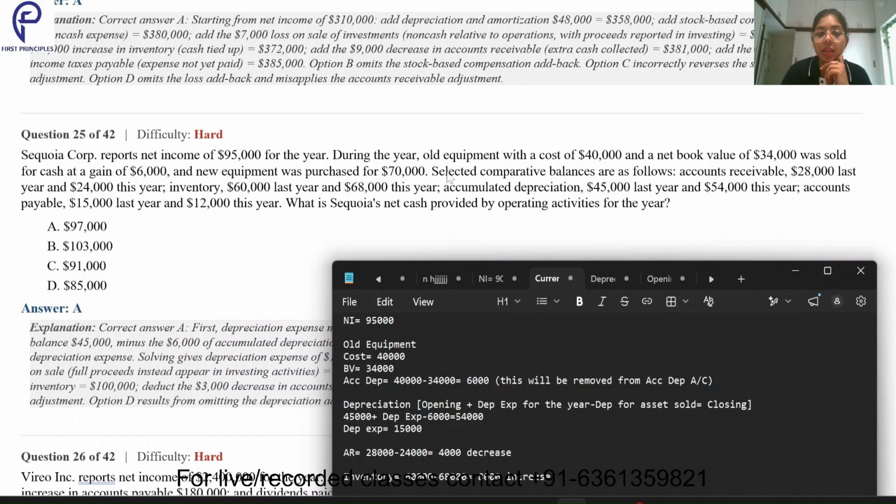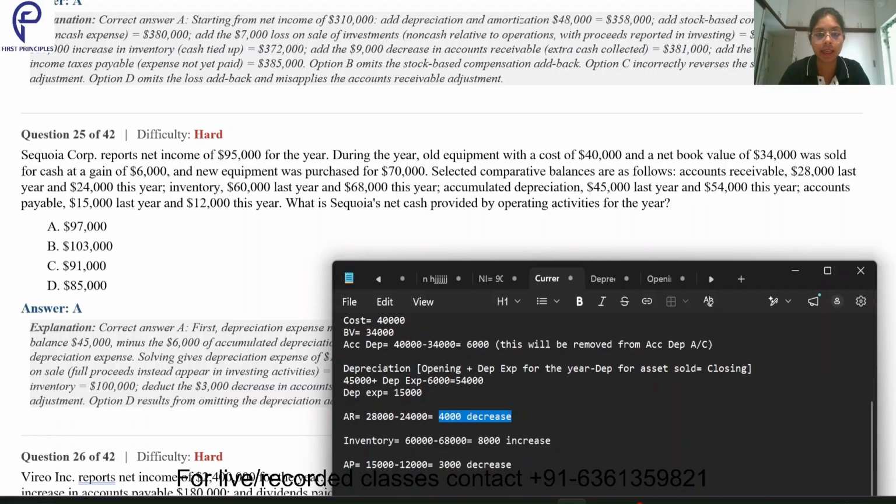Then coming to the selected comparative balances: the opening balance and the closing balance have been provided to us. Accounts receivable is given as 28,000 last year and 24,000 this year. So that means there is a 4,000 decrease in accounts receivable. Then inventory 60,000 last year and 68,000 this year. There is an 8,000 increase.